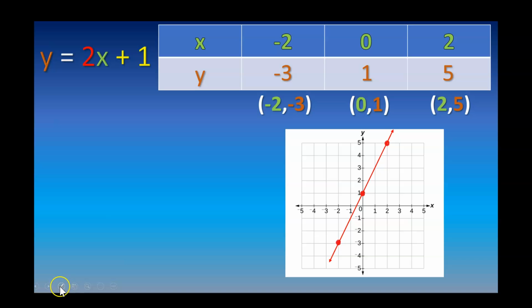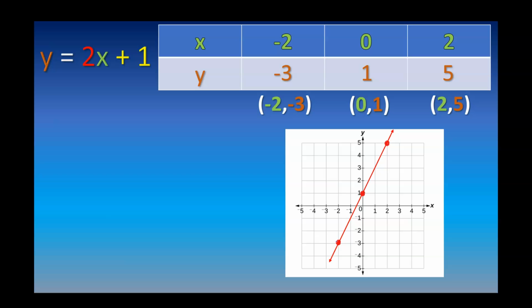Now, the important thing to notice about this line, which we haven't discussed before, is that information about the line is buried within the equation itself. Let's take a look at the slope of this line that we've created. Remember, slope is a fraction, where the top number is how far you have moved up or down, and the bottom number is how far you have moved left and right.